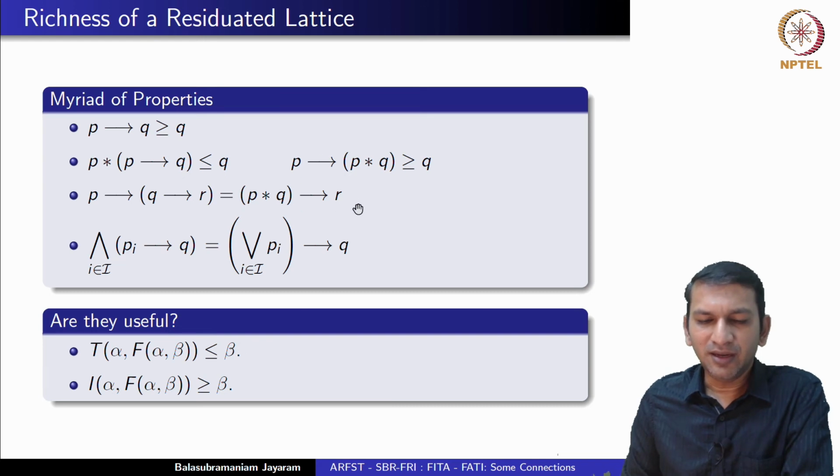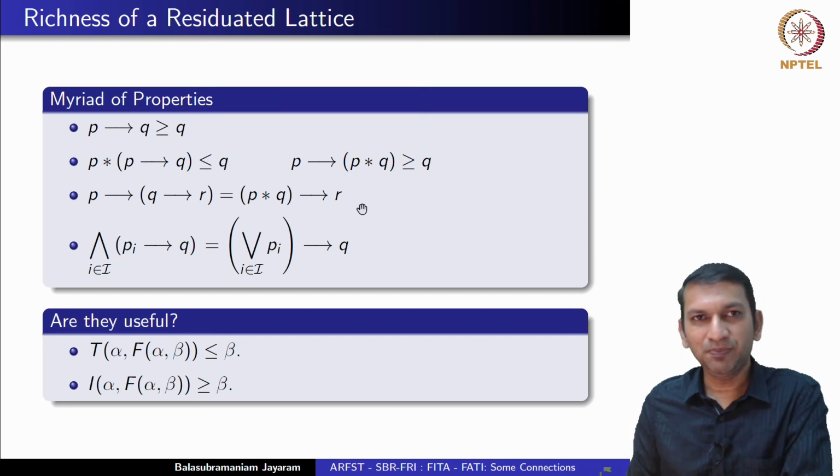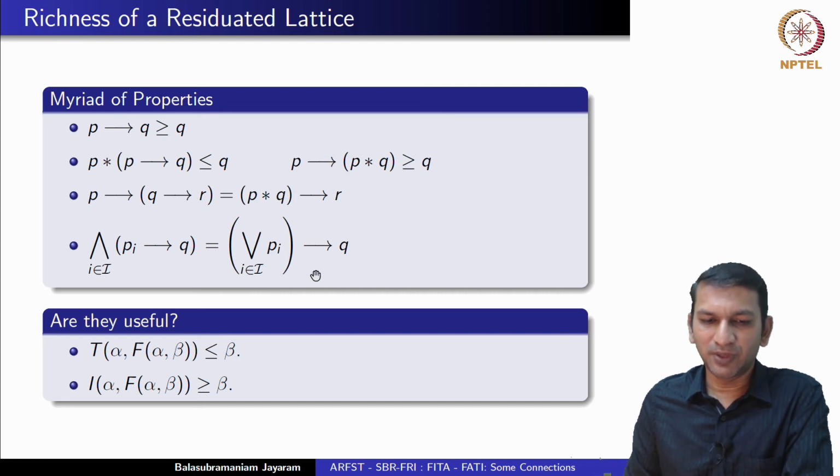Now, the third property is also called the law of importation. We will have reasons to look into this as a functional equation in much more detail in one of the upcoming lectures. The last of the properties is essentially the distributivity of conjunction and implication.